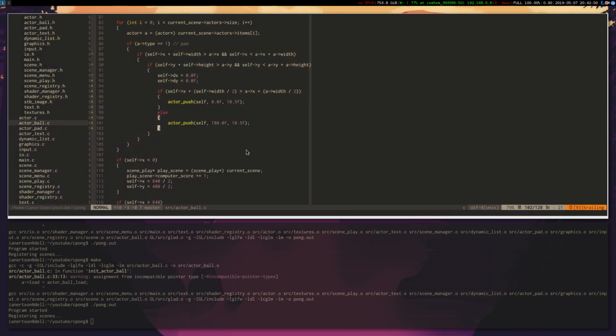I am sort of annoyed by, why wouldn't that work? If self x, if the middle point is larger than the pad middle point. Wait, maybe that never happens actually.